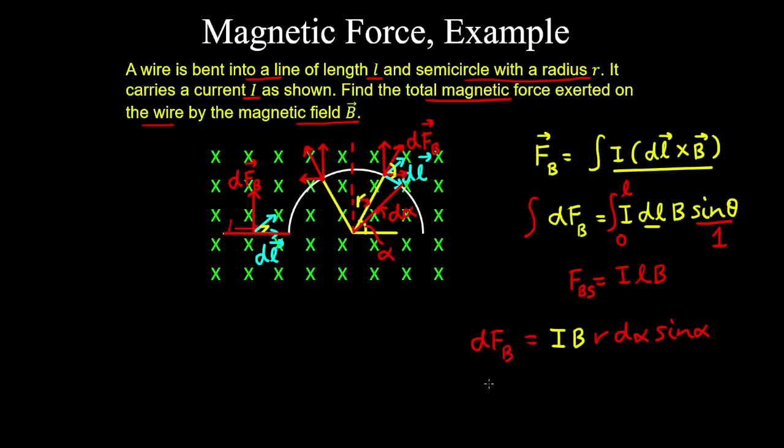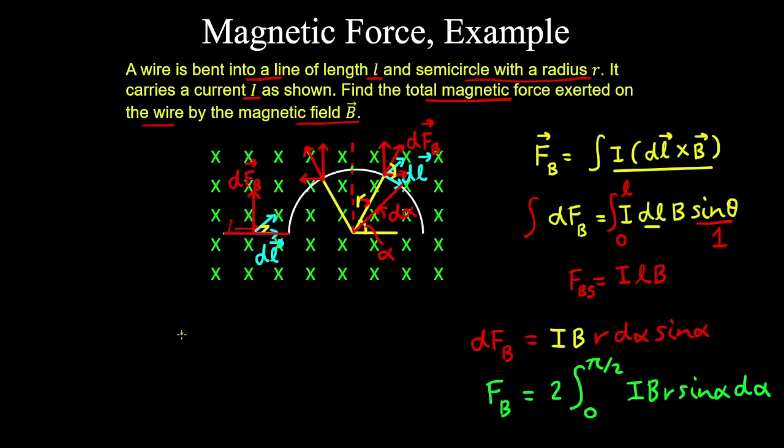And if we integrate both sides, we get the total force on that semicircle, and we're going to integrate from alpha equals 0 to pi on 2 by the symmetry of the problem, and multiply by 2. So we get 2 times the integral of I B r sine alpha d alpha.